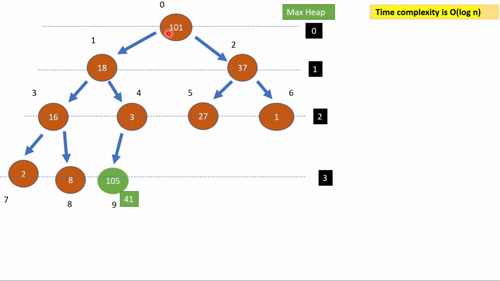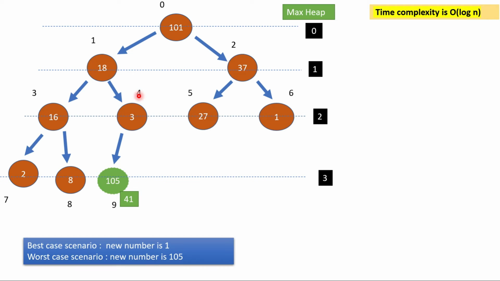So if the number is greater than the root node, this is the worst case situation. In that situation we have to go 3 levels up. So this 3 is the log n. If you consider n as the total number of nodes, that is 9 here. Log base 2 of 9 is actually 3.16 or something. That's why this result is 3.